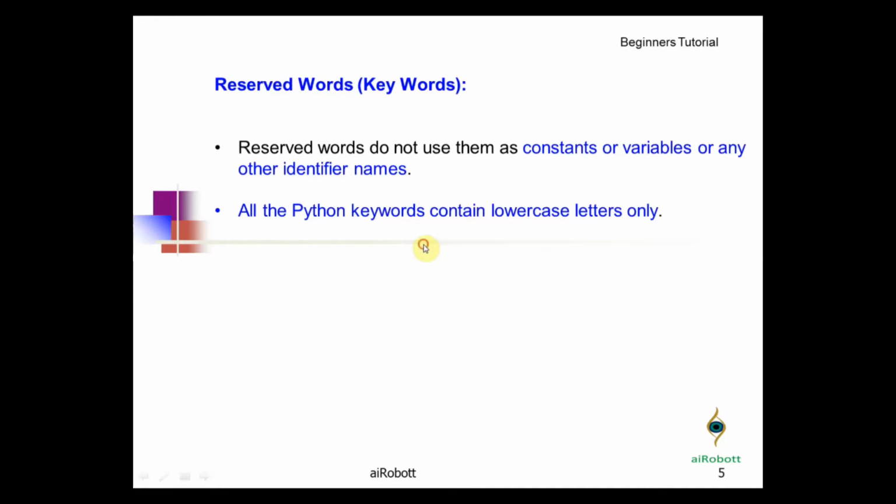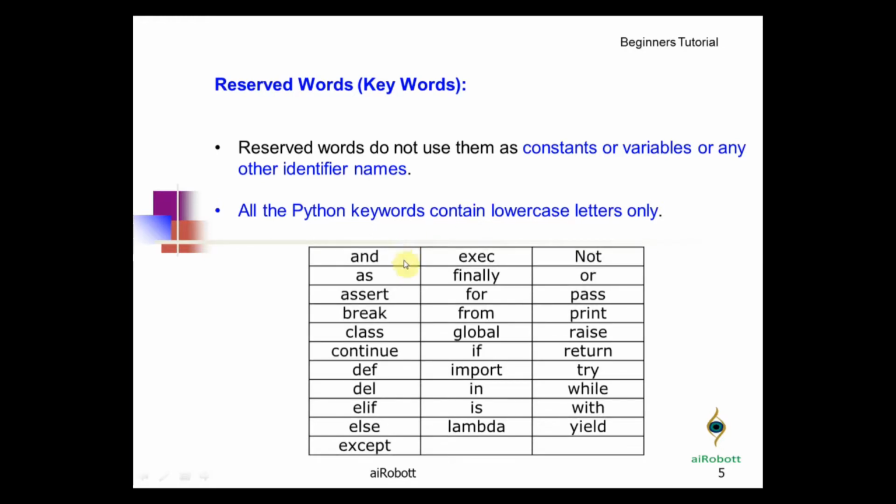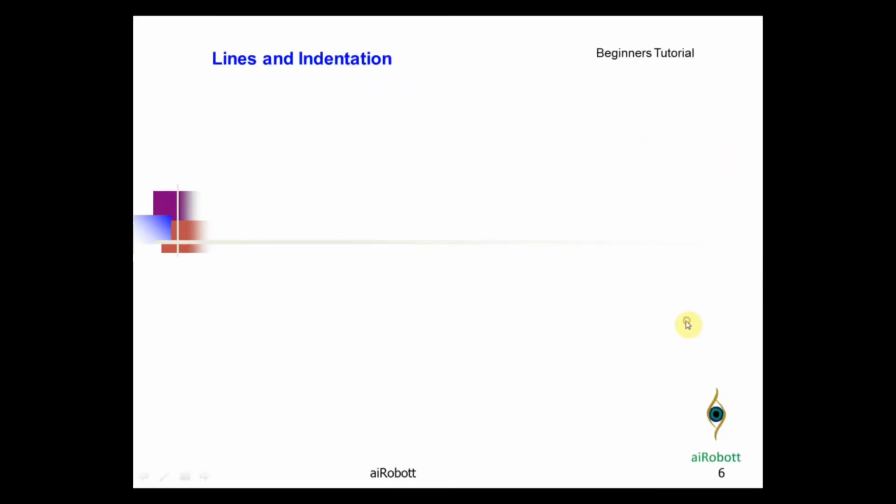That is the naming convention actually. See here the keywords: assert, break, class, continue, from, global. These all start with small letters, and these are called keywords. One very important topic in Python programming is lines and indentation.